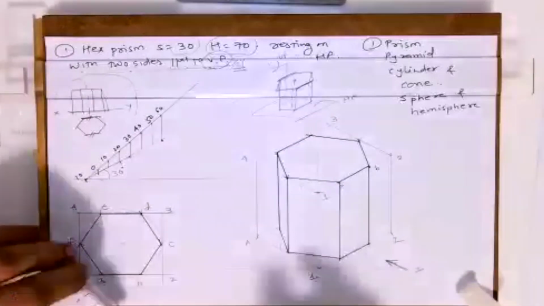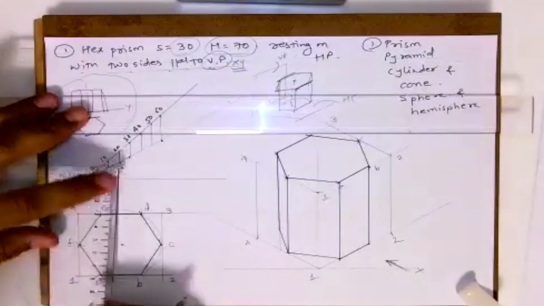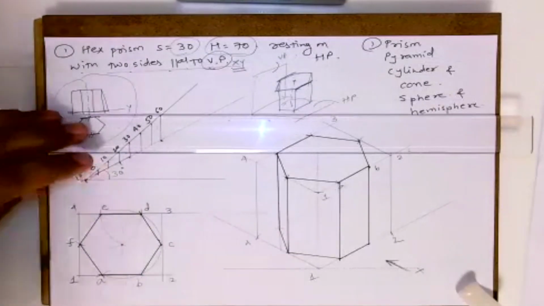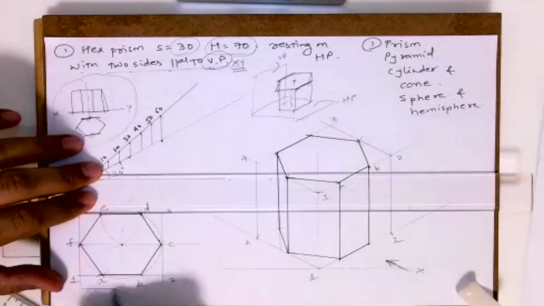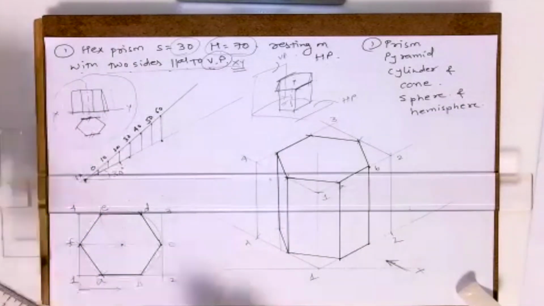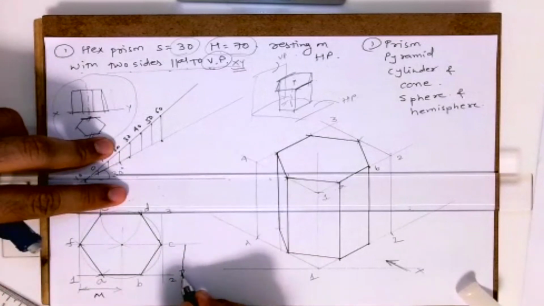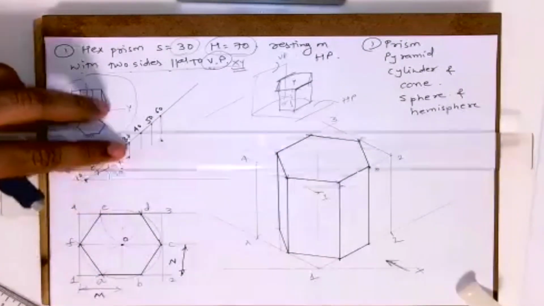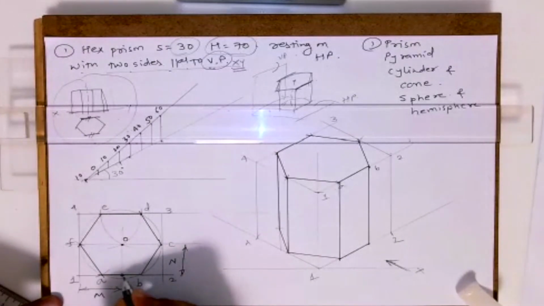So we got the hexagon. Now they will say draw axis. So how will you mark axis? To mark axis, remember this, I will mark M and N. Like this distance is M and this distance is N. Then you will get O, right? See this. So what I'm doing, I'm taking this midpoint.